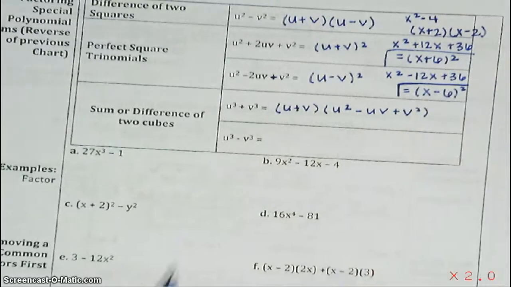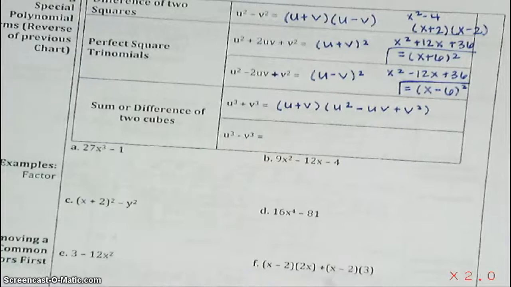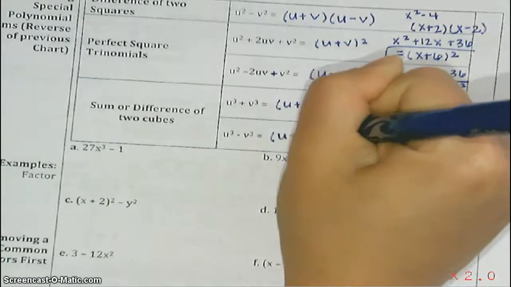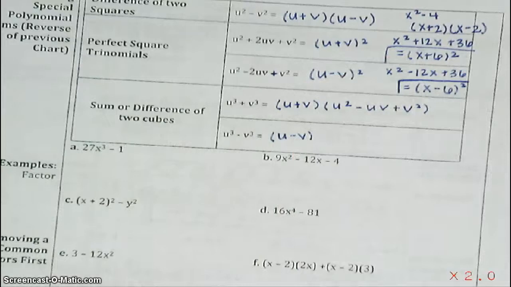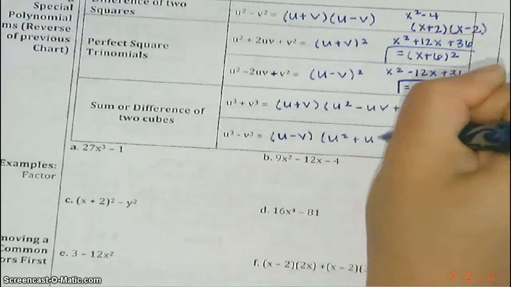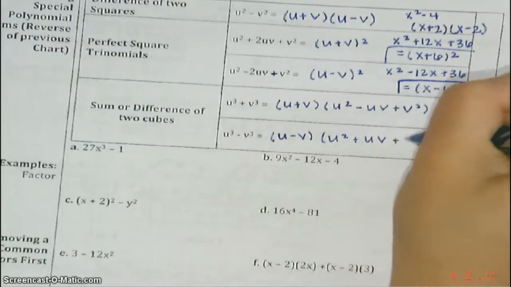Here, if we have the difference of two cubes, just like the previous one, you're going to have the first two terms, but this time you're going to take the difference of those, and then it's going to be the first term squared plus their product plus last term squared.